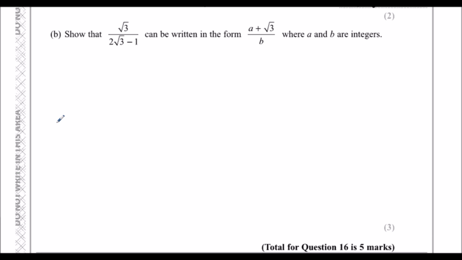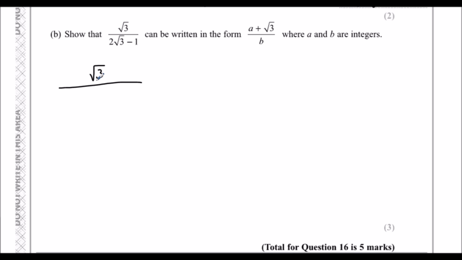Part B, show that root 3 over 2 root 3 take away 1 can be written in the form a plus root 3 over b, where a and b are integers. So to rationalize the denominator this time, we're going to use the difference of two squares.